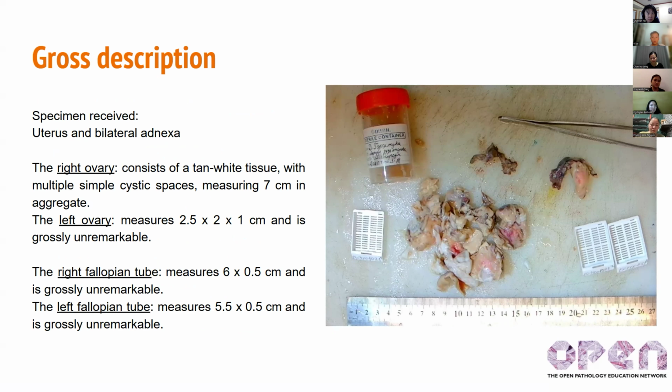And the left ovary measures 2.5 centimeters and is grossly unremarkable. The right and left fallopian tubes measure 5 to 6 centimeters. As you can see, the upper side of the picture shows the 2 fallopian tubes, and the multiple white-tan tissues are the ovarian tissue.